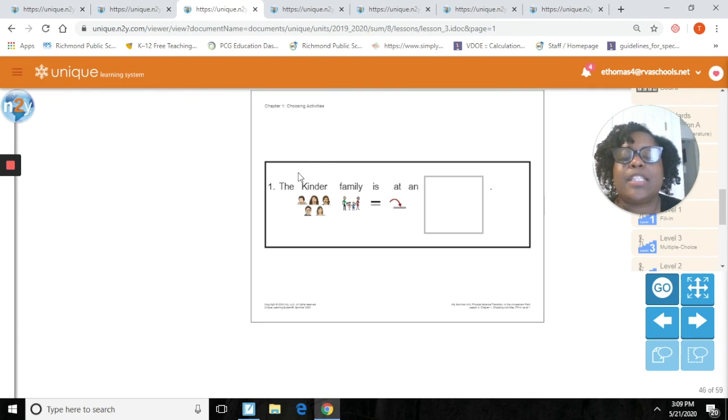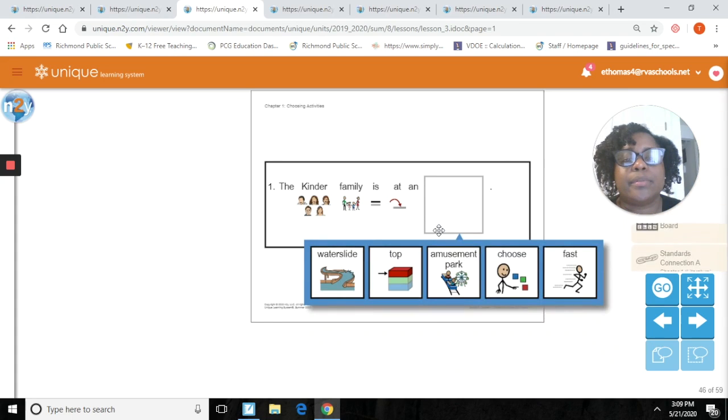All right. So it says here, we're going to do a fill-in activity. It says here, the Kinder family is at an blank. The choices are water slide, top, amusement park, choose, fast. Now I want you to tell me what the answer is. Make a choice. Okay? And whenever you're doing any type of fill in the blank activity or answering a question, you want to look for keywords in the statement or the question.